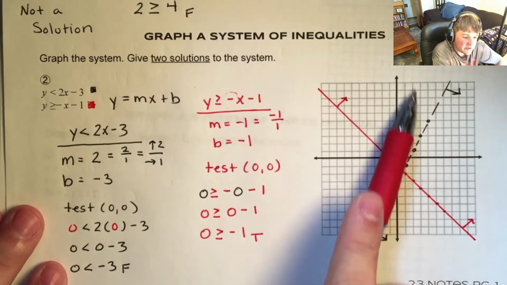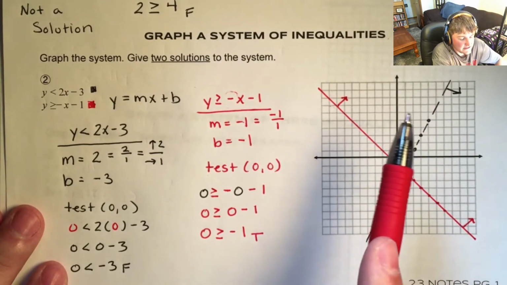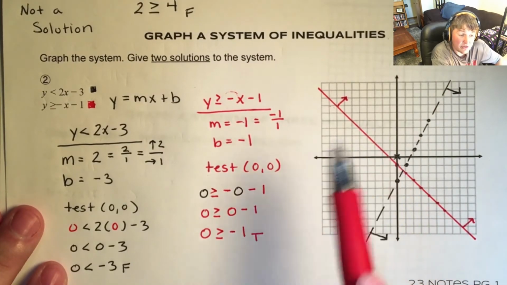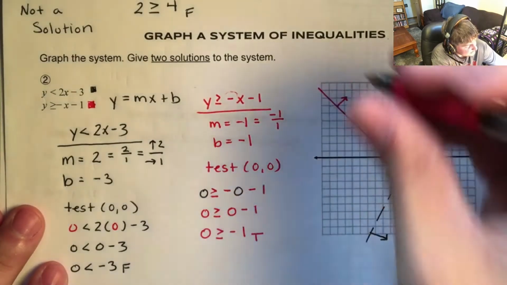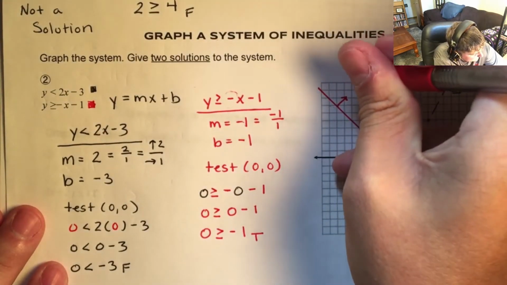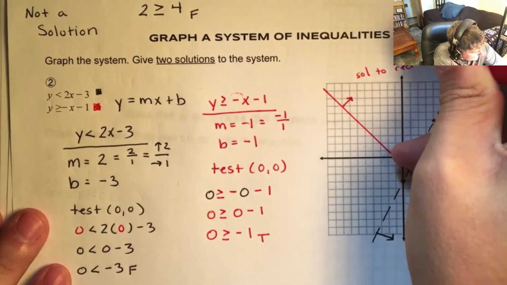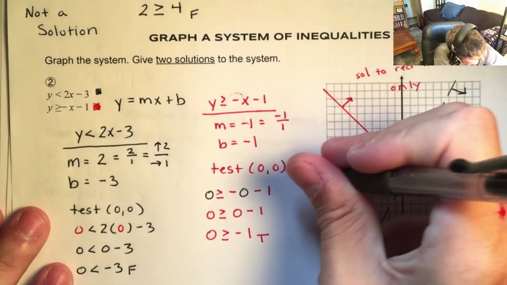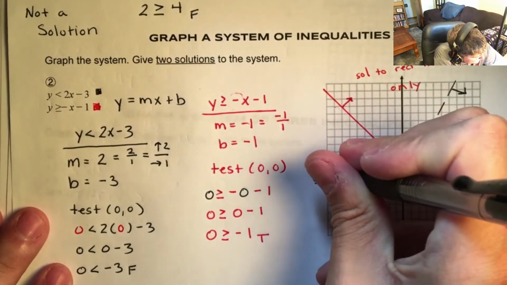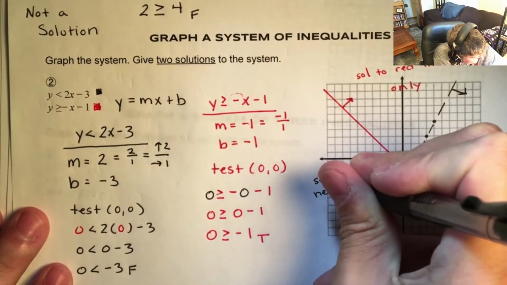So although this area has solutions to the red line, it's not solutions to both, because that's what a system is: solutions to both inequalities. So this has only solutions to the red line only. And I'm even going to write that over here. This is solutions to neither. There's no solutions over here.